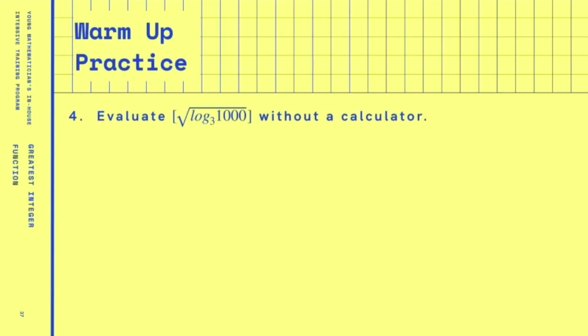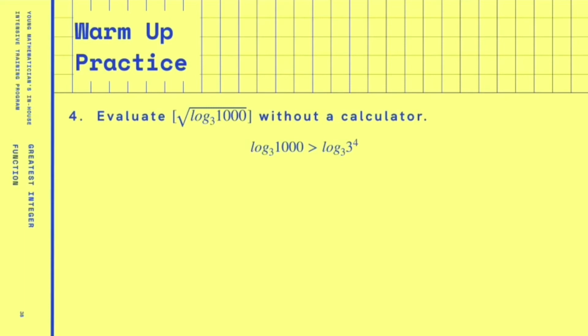So, first let's analyze log 1000 of base 3. Comparing 1000 to a power of 3, say 3 to the 4th, we know that 1000 is greater than 3 to the 4th, which is 81. Now taking the logarithm of both sides to base 3, log 1000 of base 3 is still greater than log 81, or log 3 to the 4th of base 3.